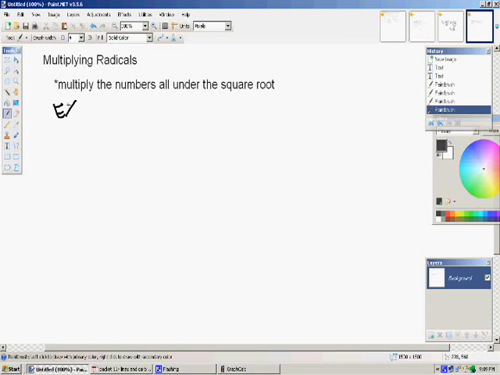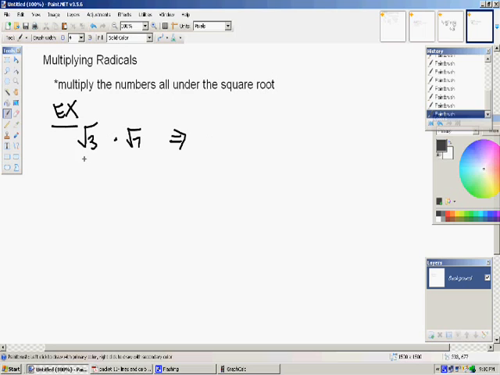So in our first example, just know that we have square root of 3 times square root of 7. How do we do this problem? Well, what you're going to do is you can actually put these numbers under the same radical, like this.